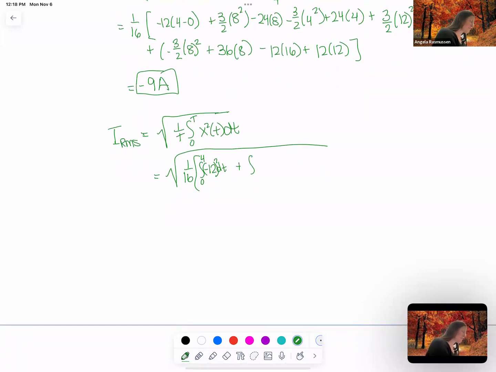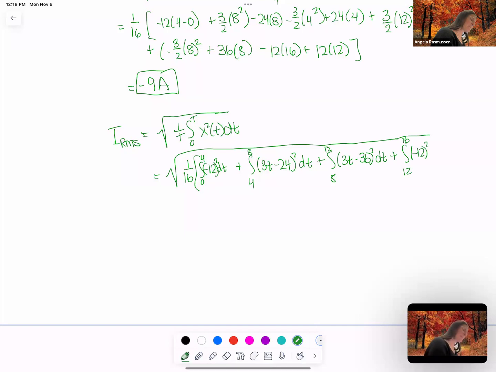And then 4 to 8, 3t minus 24 squared. 8 to 12. And that ends up giving you 9.8 amps.